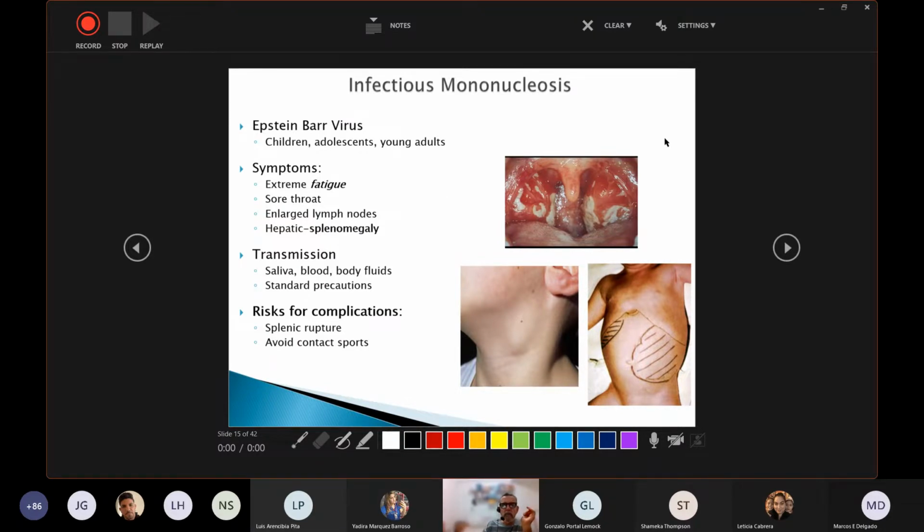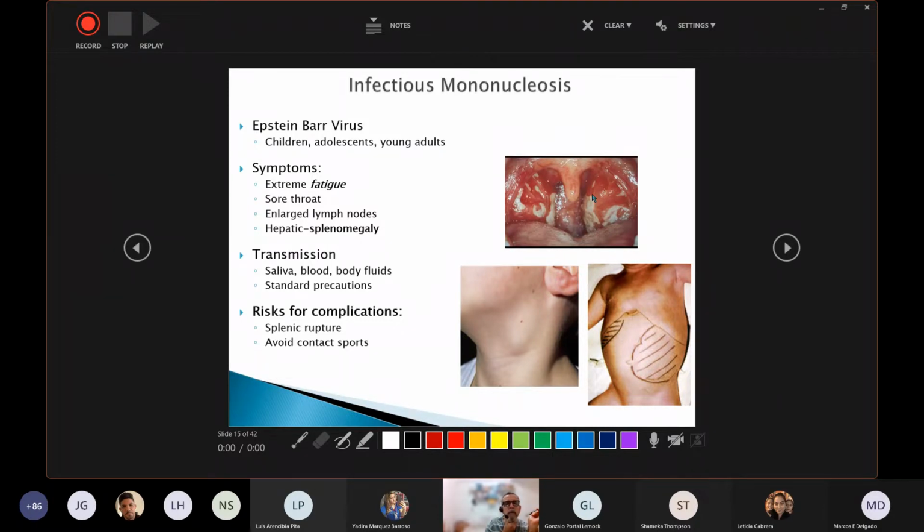And a lot of sore throat. Terribly sore throat with a very inflamed tonsil. The voice is like a potato voice, like you have a potato in your throat. This is potato throat.